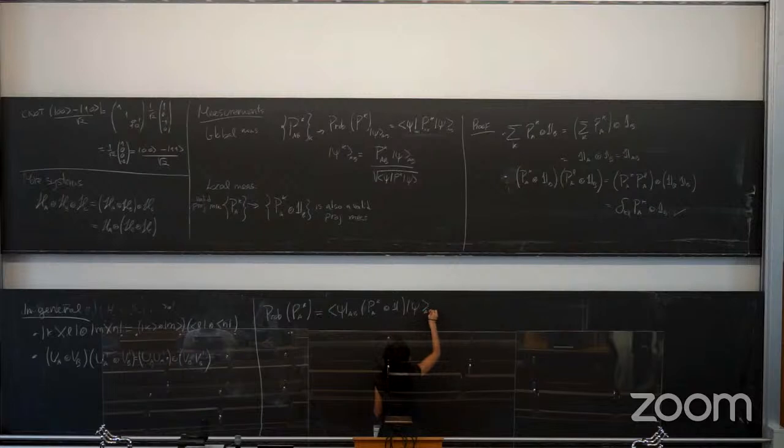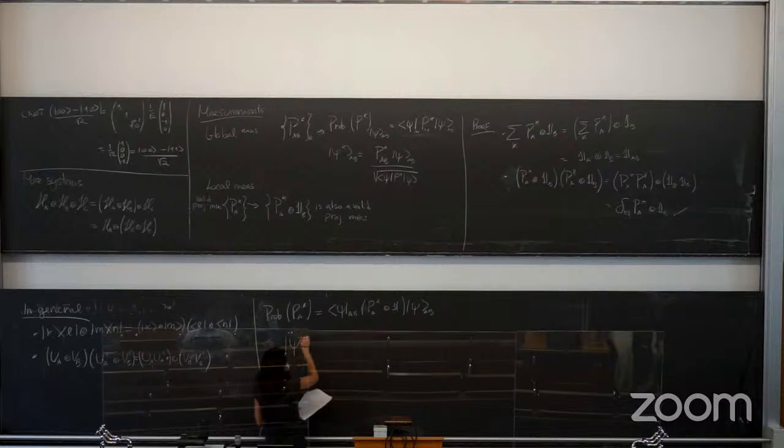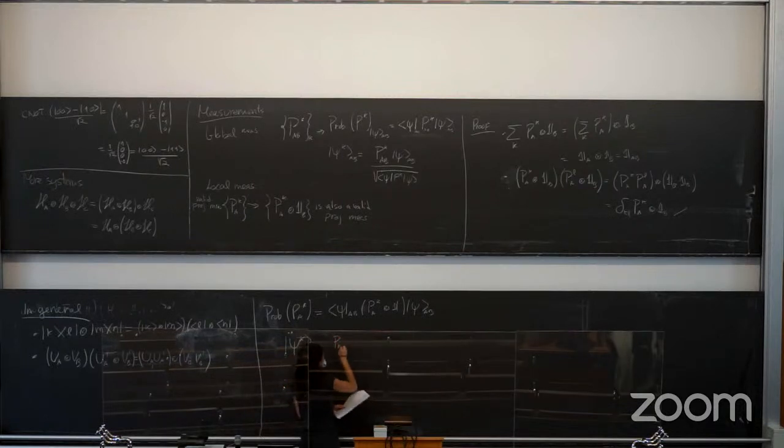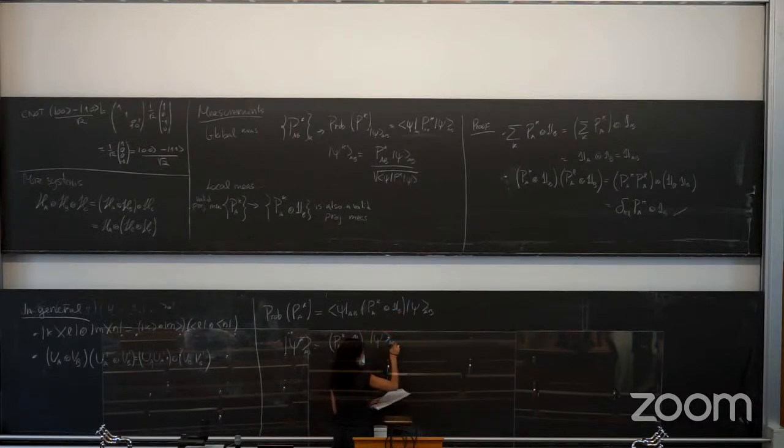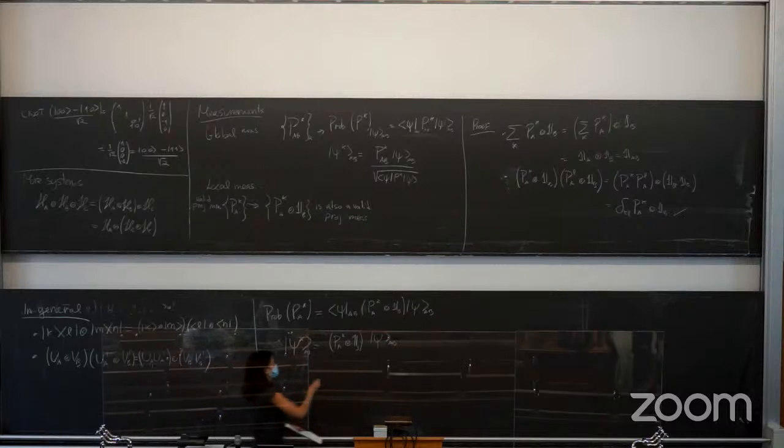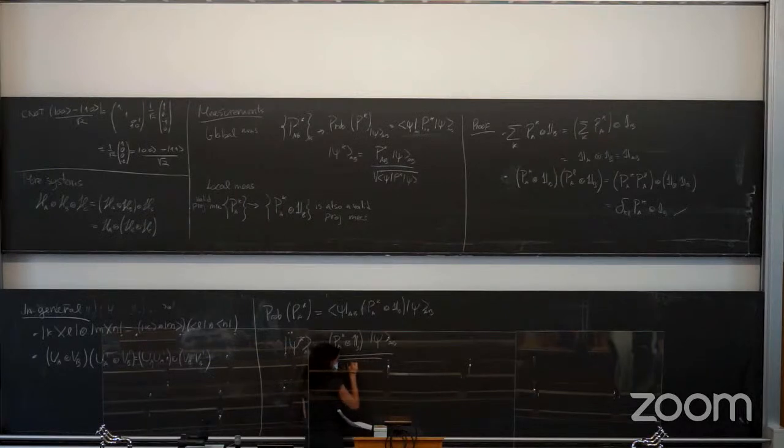And the post-measurement state, when I get outcome K, is going to be just this projector acting on the whole thing, divided by the square root of the probability. Except this thing's not on A, B.